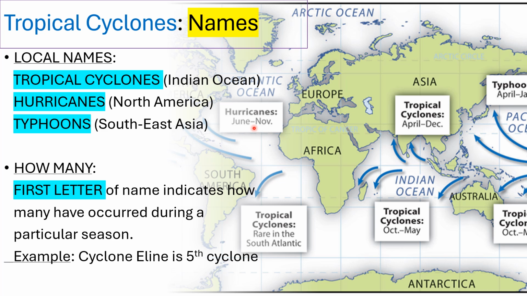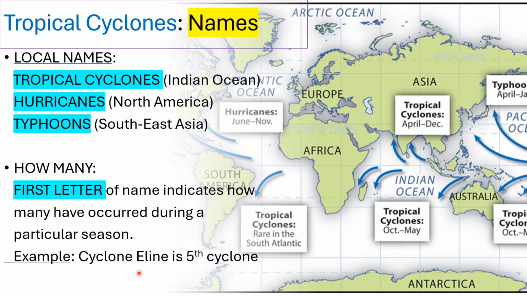Every tropical cyclone or every tropical storm for that matter is often given a name. The name is significant in that the first letter in the name of a cyclone, for example, Cyclone Helene, is an indication of how many tropical cyclones have occurred for that particular season.